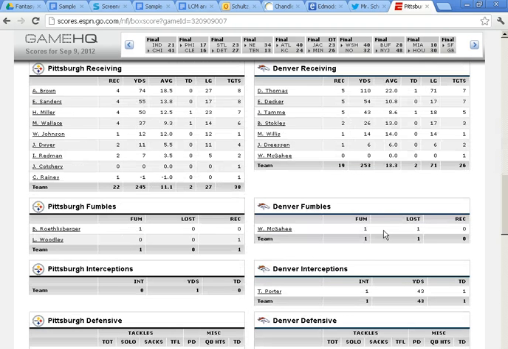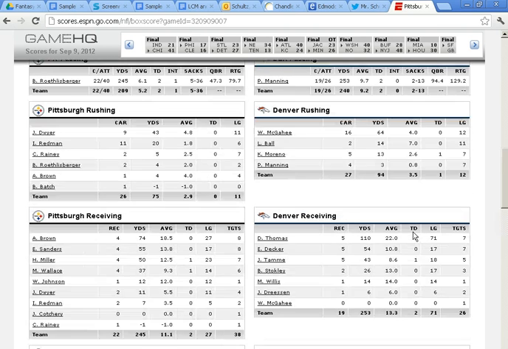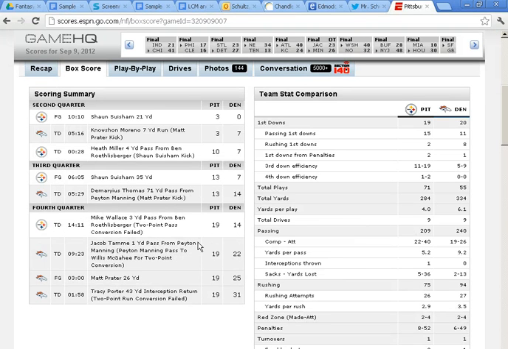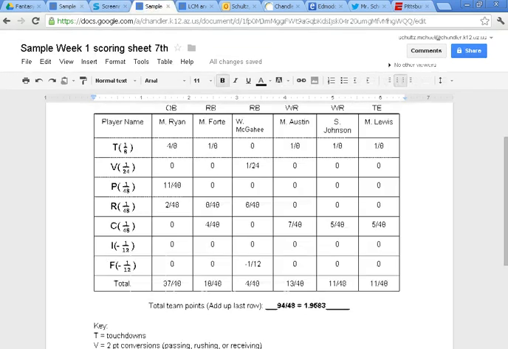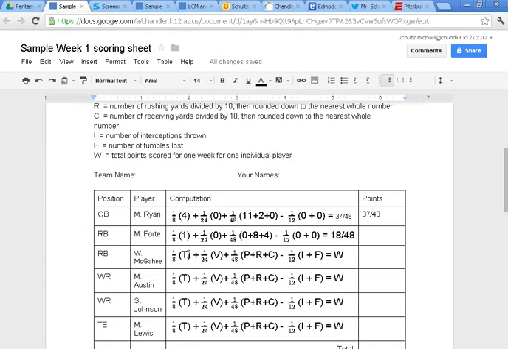Now, I also look at fumbles. He had 1 fumble, and he lost it, so I have to make sure I put that in. McGahee, I chose him on purpose. If you see his name in parentheses under a score, he got a 2-point conversion, so he's going to get points there. So I need to make sure I enter all that. So McGahee, no touchdowns.